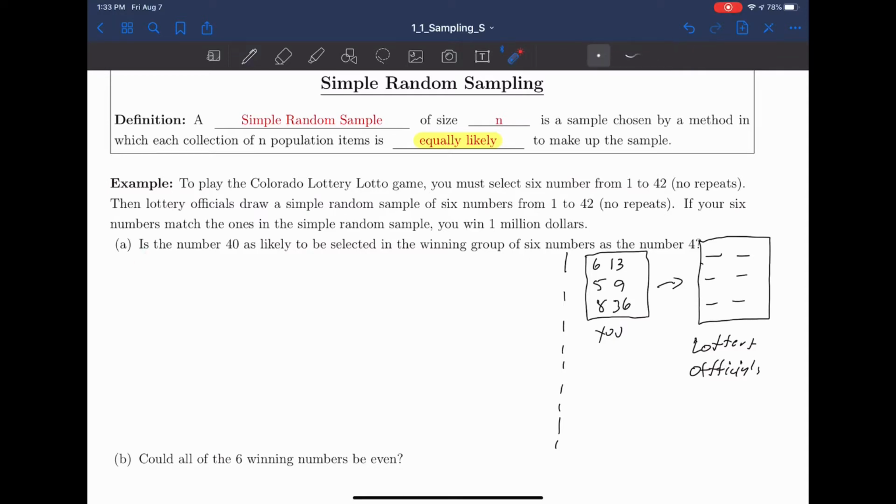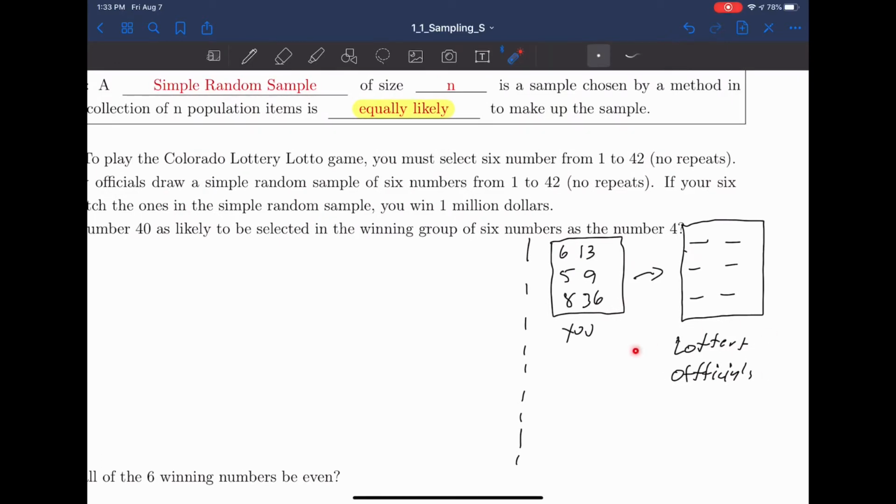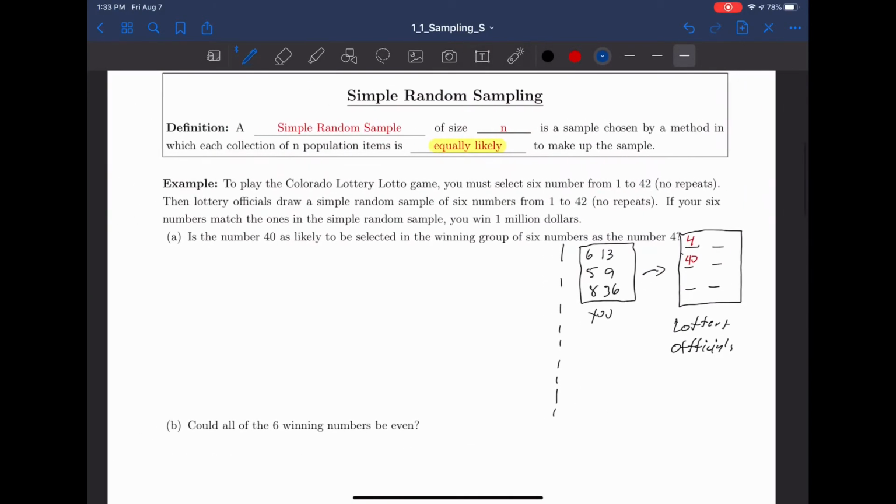So the question is: is the number 40 as likely to be selected in the winning group of 6 numbers as the number 4? If the lottery officials pick a number, is the number 4 as equally likely to be chosen as the number 40? The answer is yes.